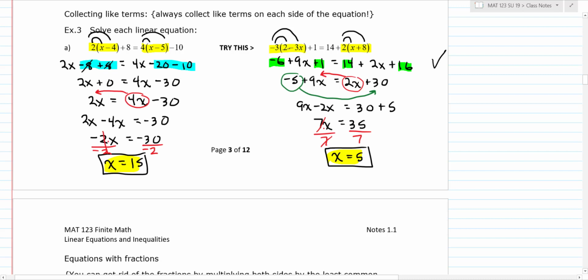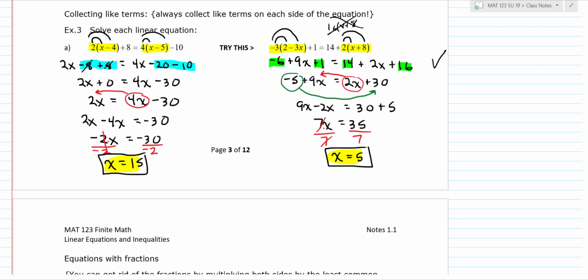So negative times negative is positive 9x, and then plus 1. Okay, the 1's not in parentheses, so don't distribute the 3 by that. Over here, a lot of times I see students go 14 plus 2 and get 16. That's not right. Okay, you're going against the order of operations. You multiply always before you add. So bring down the 14, and then 2x plus 16 is what you have.